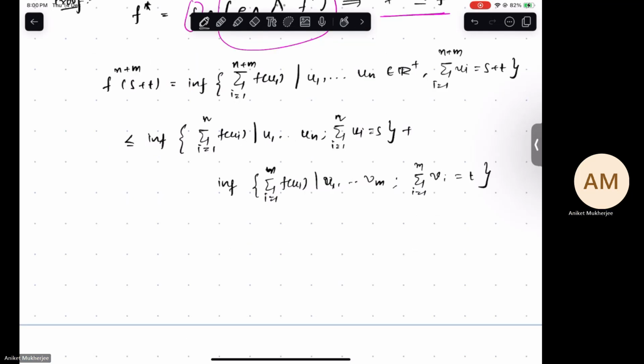Right. This we can write as f_n(s) plus f_m(t).